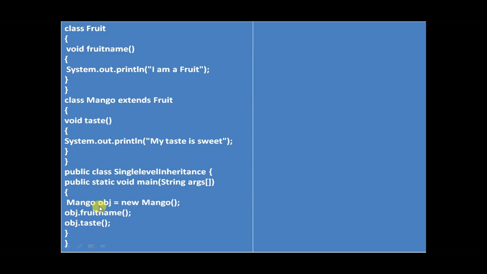The reason is reusability, because of the features of inheritance. Because we are using extends fruit class, the fruit class properties and methods come into the mango class. That is why we are able to call the fruit name method as well as the test method with the help of the mango class object.